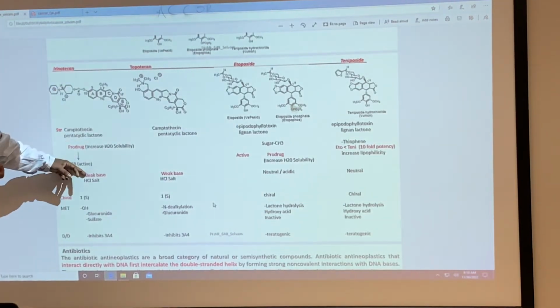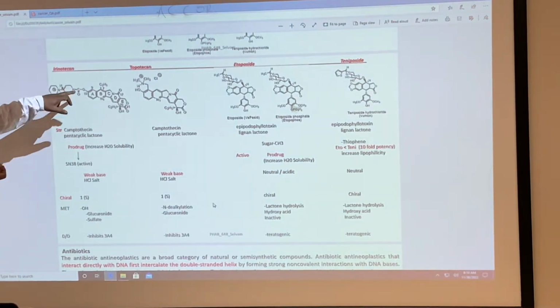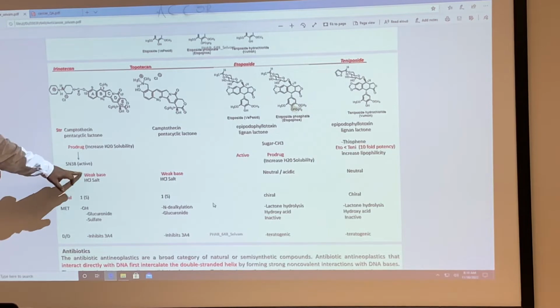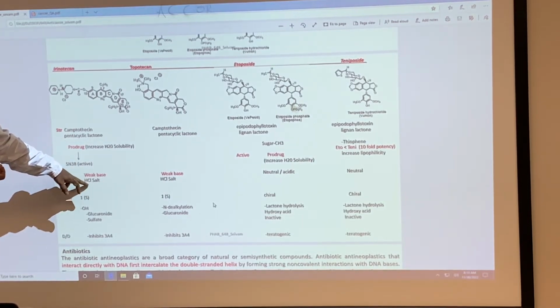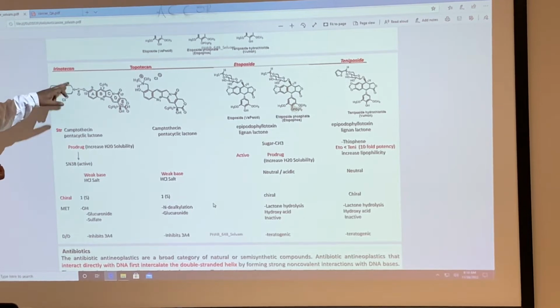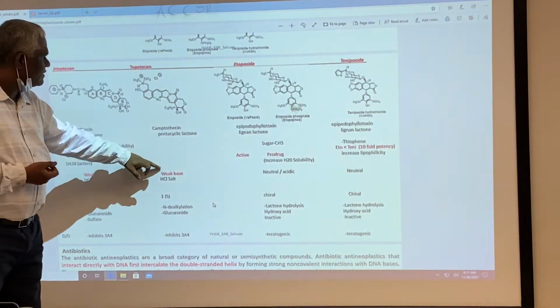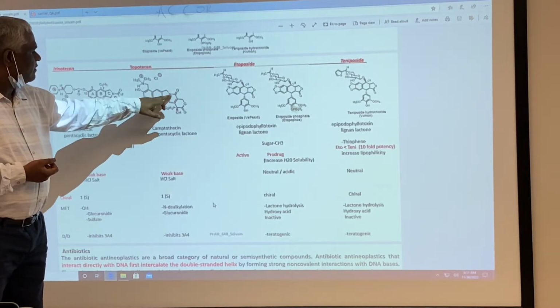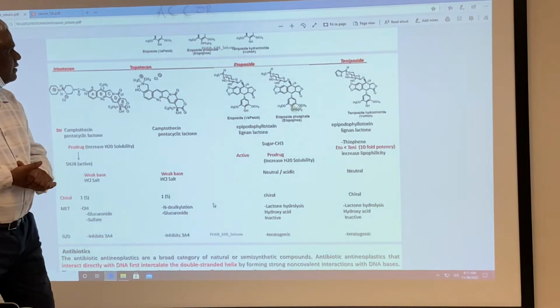Chemically, irinotecan is a weak base because it has nitrogen atoms, and the commercially available form is the hydrochloride salt. Topotecan is also a weak base with nitrogen atoms, so the hydrochloride salt is commercially available.